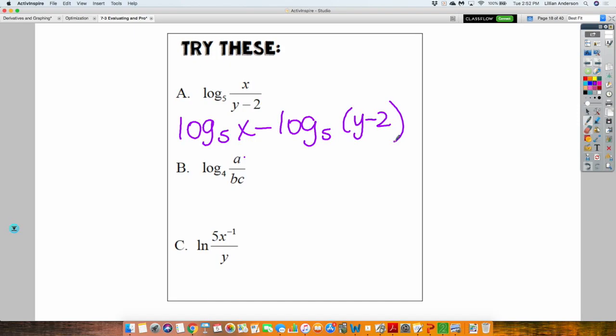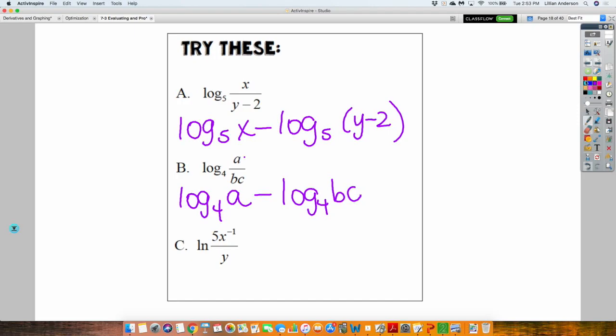This one you have to be careful. We can start with quotient by saying what? Log base 4 of A, minus log base 4 of B times C. Now do realize that B and C are combined together by what? Multiplication.